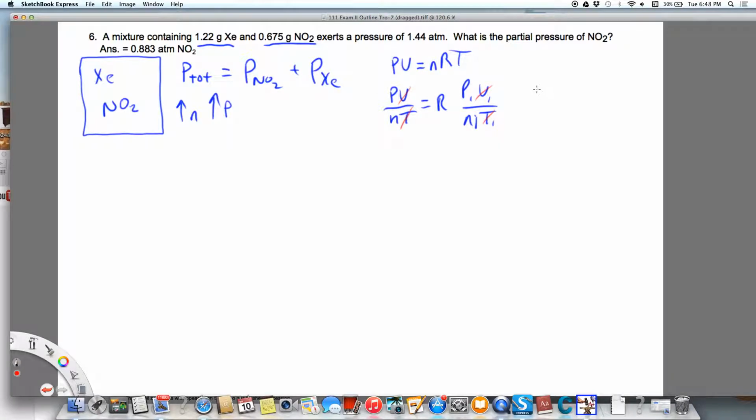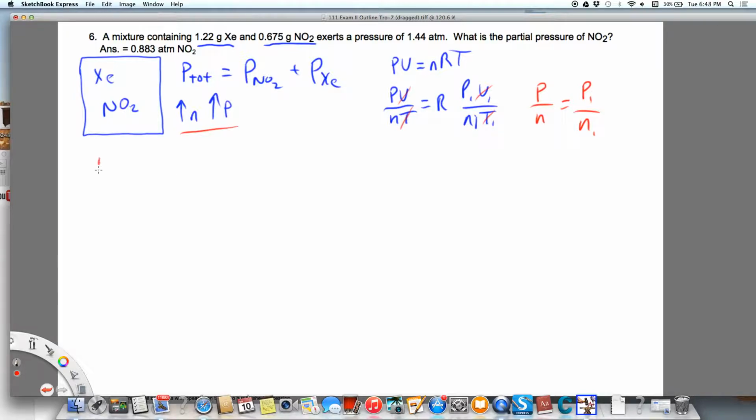What I end up with is P over n equals P1 over n1, or you could use any designation there, but you can now see the direct proportion.